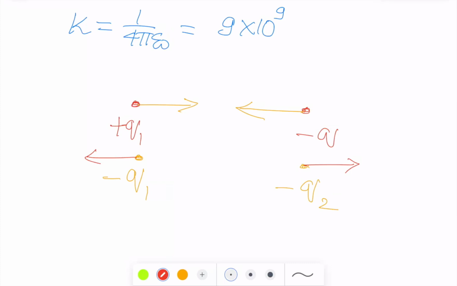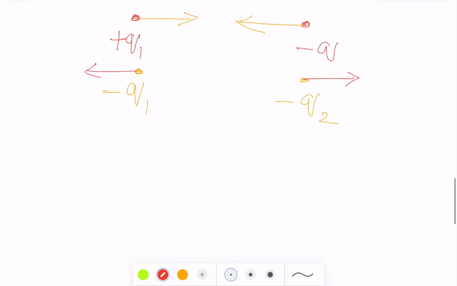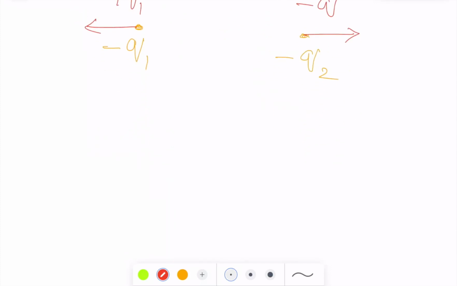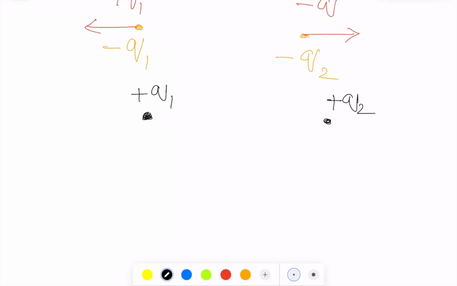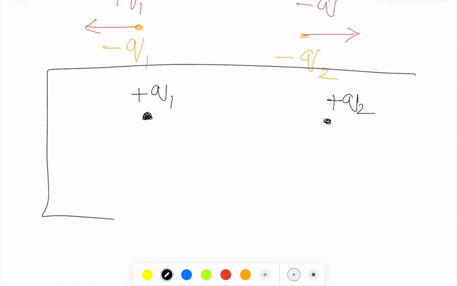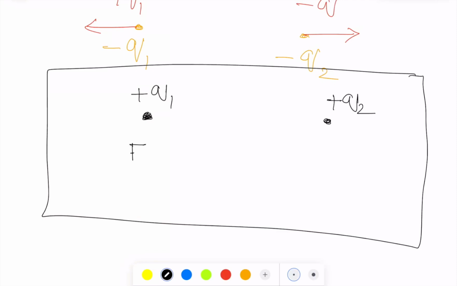Then the force between them is given by 1 by 4 pi, instead of epsilon naught, you should write epsilon r into epsilon naught, times Q1 Q2 divided by r square. Here epsilon r is a dimensionless quantity called the relative permittivity of the medium.